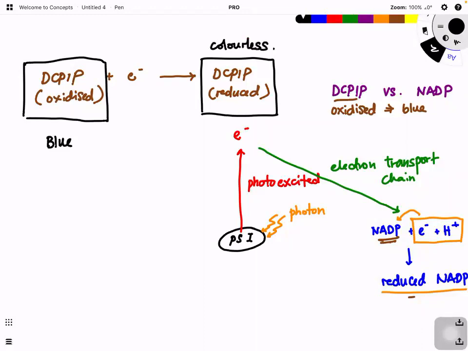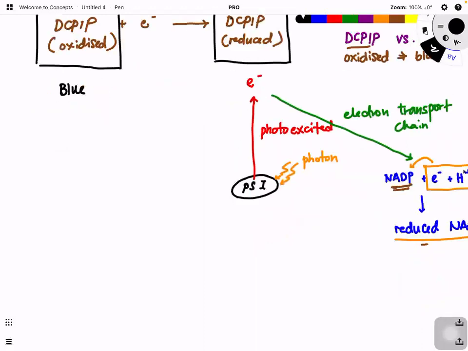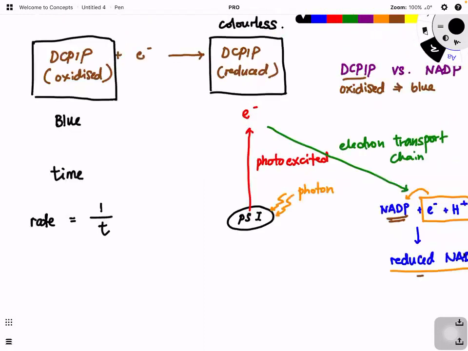So what we can do is measure the time, how fast the decolorization takes place. Are you clear? Then we can have the rate, which is equal to 1 over T. This is how we calculate the rate based on this formula, 1 over T.